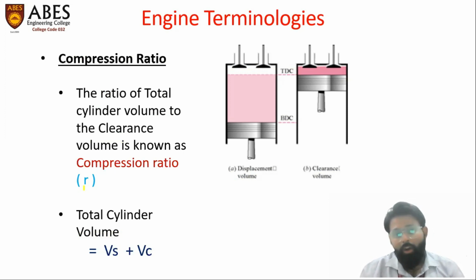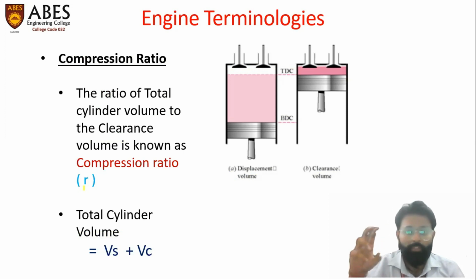So all the charge entering the cylinder occupies the volume of the total cylinder. That's why it is the total cylinder volume divided by the volume after compression. The volume which remains after compression is the clearance volume in the white region.